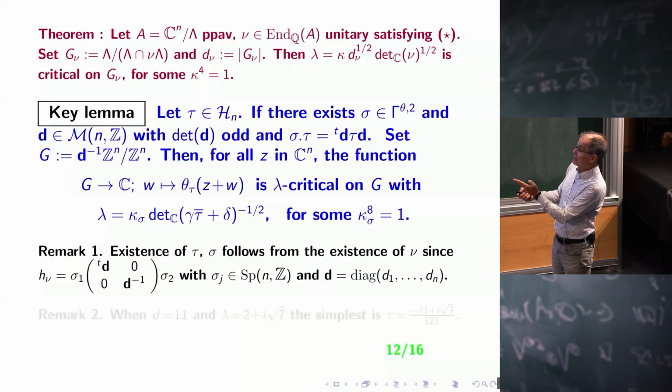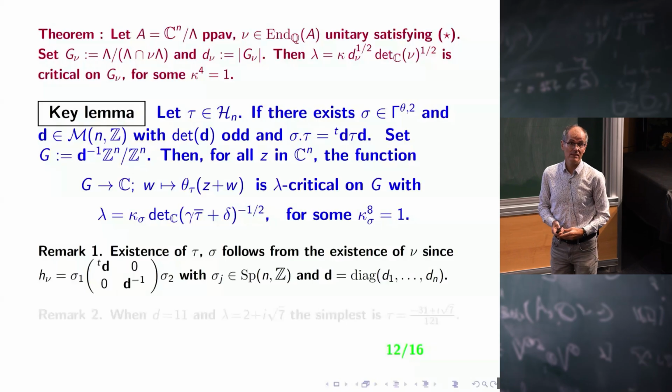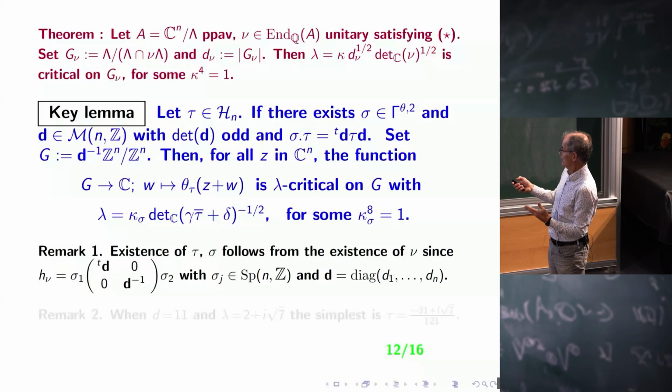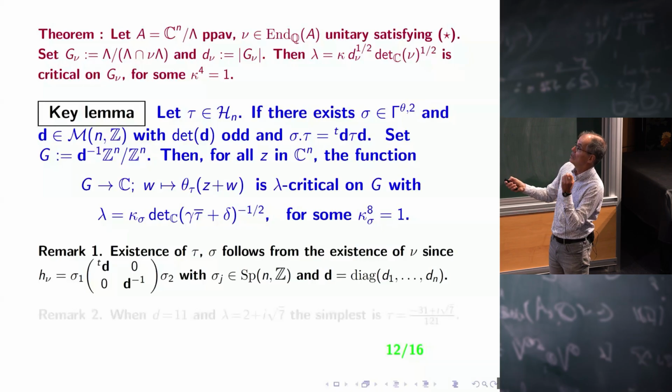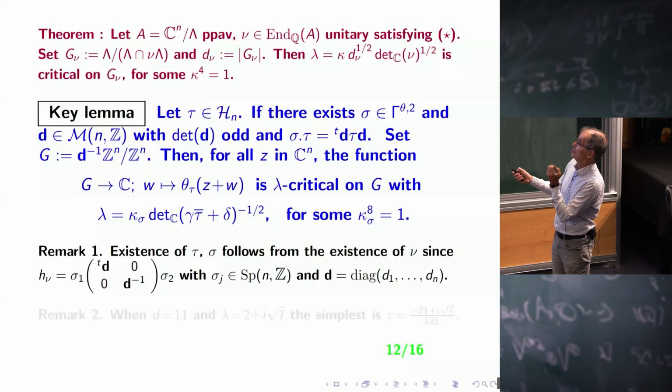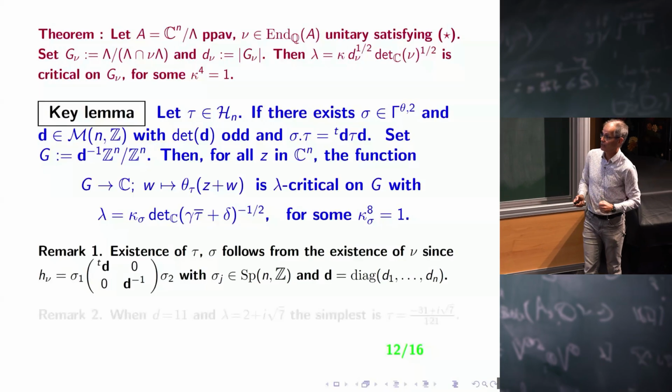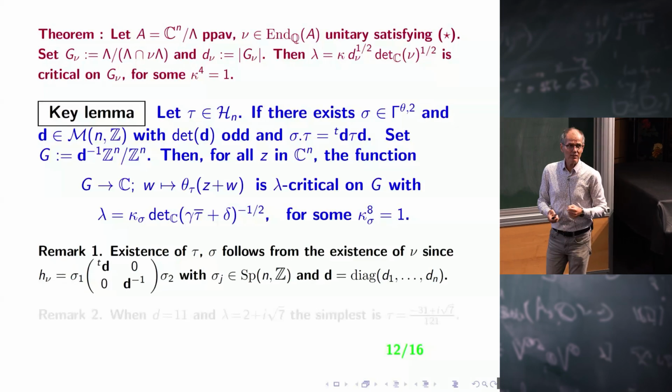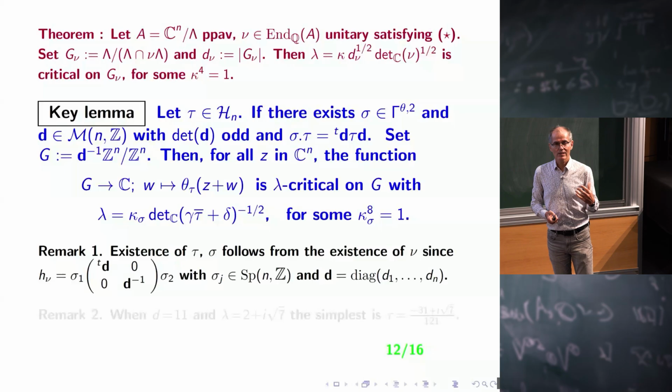Then you play with that and with your matrix nu, and you get your tau and this relation sigma tau is transpose d tau d. I don't write the details. But you have transformed the fact that nu is unitary into the fact that you have been able to choose the parameter tau in the Siegel upper half space such that sigma tau is transpose d tau d. That's the key point. And it's not easy to find the tau even when you know the Abelian variety.